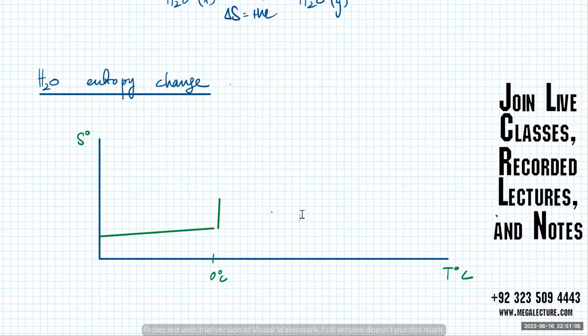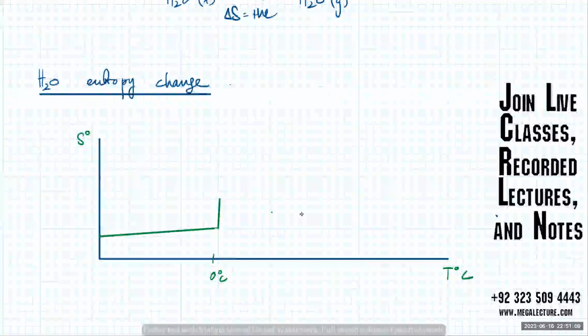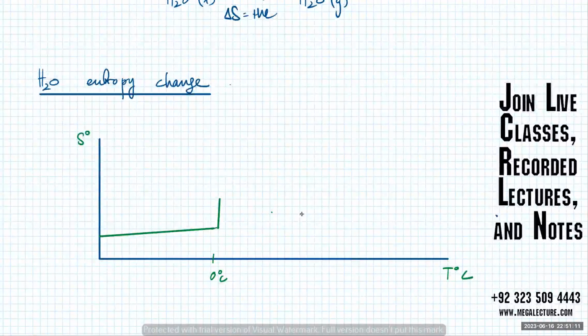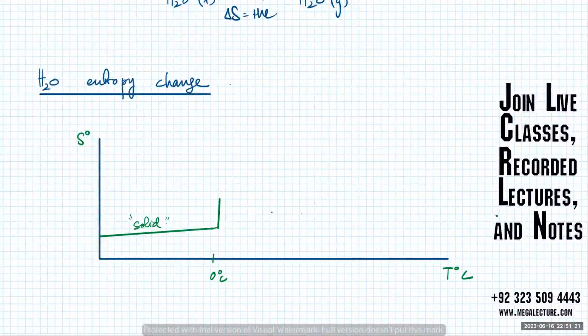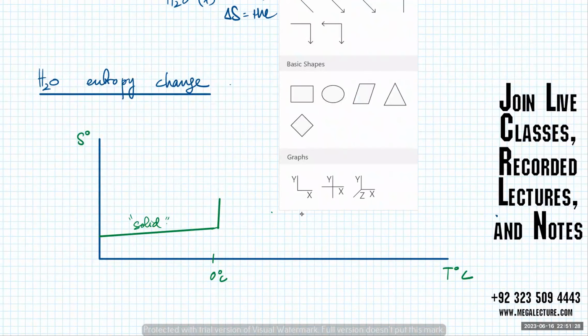It's going to melt, and all of a sudden there's going to be an increase in disorder, right? Because now it's going to be in liquid state, right? Is that clear? Yep. So just the idea that disorder does not gradually increase with temperature, it kind of remains constant. Then there's a huge jump, especially when there's a change of state.